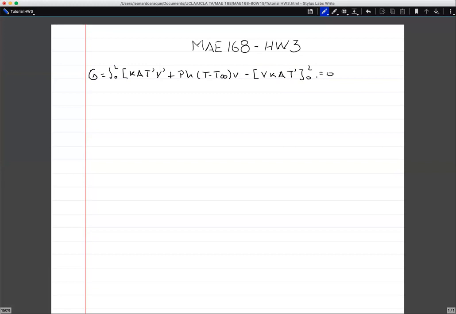Okay, so the next step in our finite element procedure is to apply this weak form to an element. So let's do that. The weak form for an element has limits of integration from xi to xj, and we have pretty much the same integrand.